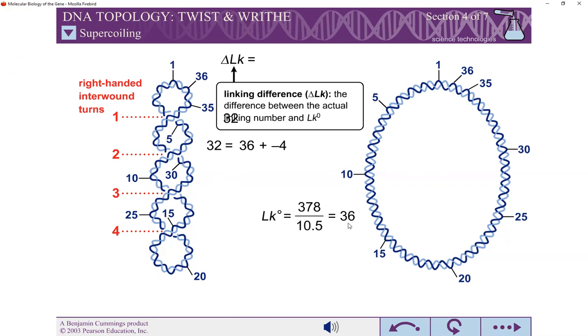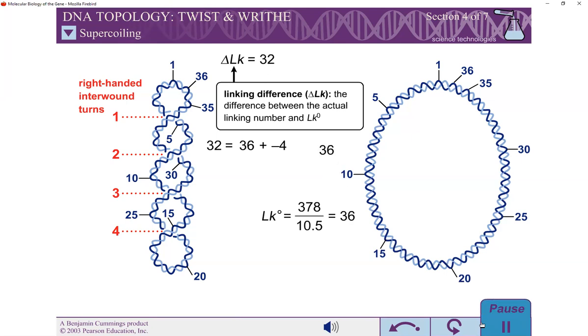When the value of Lk is greater than Lk naught, for example 37, 38, 39, then this value comes out to be positive because this is equal to Lk minus Lk naught. So this value is actually Lk, the linking number of the DNA molecule under investigation, minus Lk naught, the standard linking number. Okay. Now move forward.